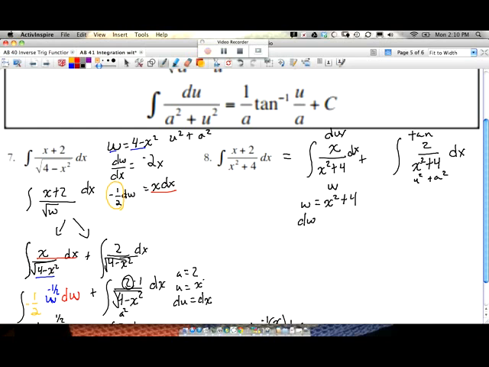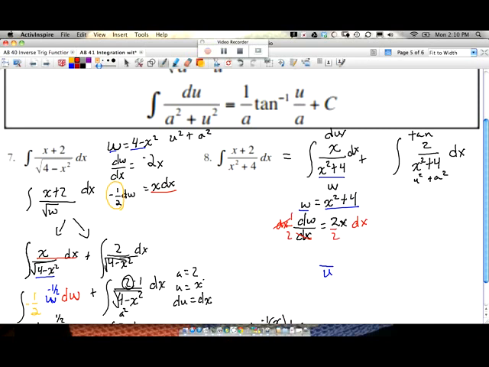In the numerator, we're looking for the dx piece, so we multiply both sides by dx and divide by 2, so it's really 1/2 on the other side. So 1/2 dw gives us x dx, which is here. So I'm going to have my dw, but I have this 1/2 there as well.